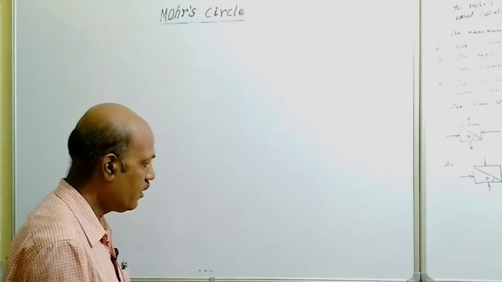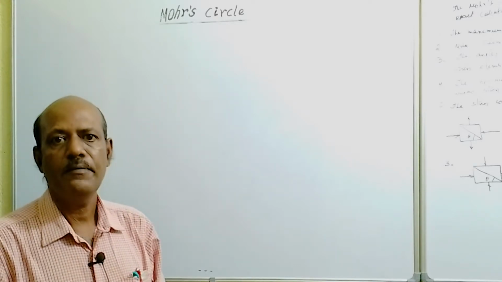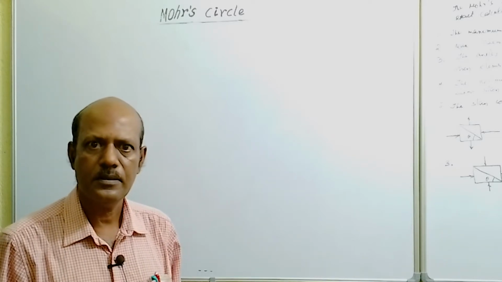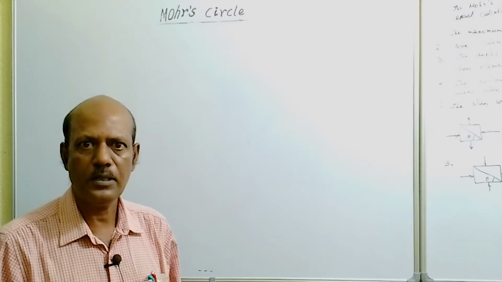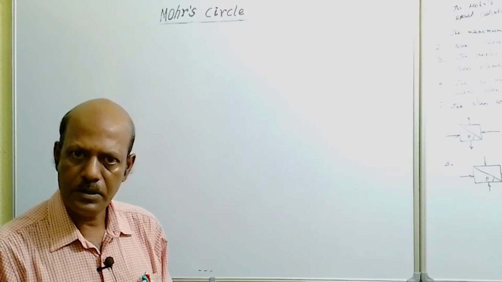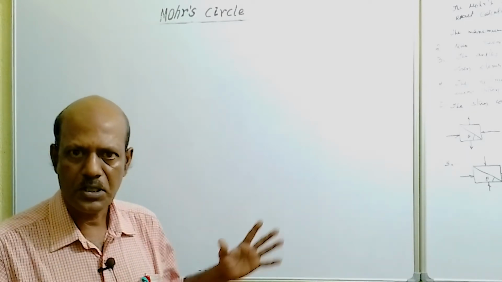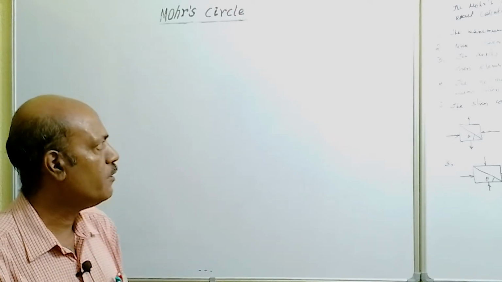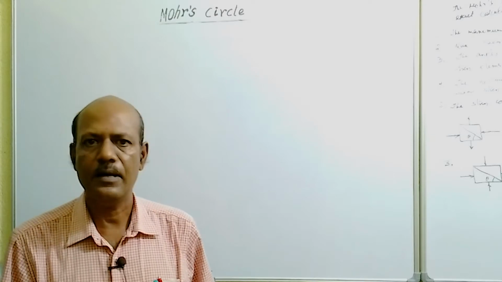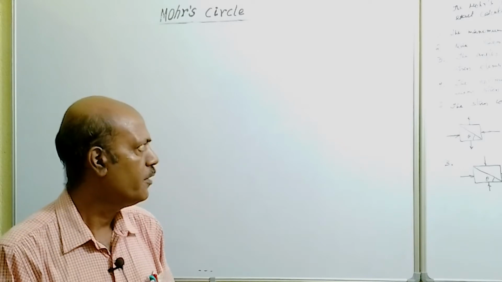I am writing them one by one. First, the maximum and minimum principal stress. We have studied the principal stresses; now by using the Mohr Circle we can find the maximum and minimum principal stresses which can develop because of a complex stress system. Second, the maximum shear stress which can develop because of the stress system acting on the body.